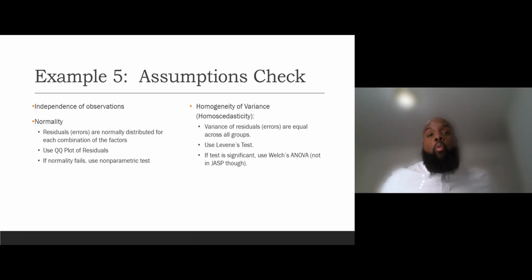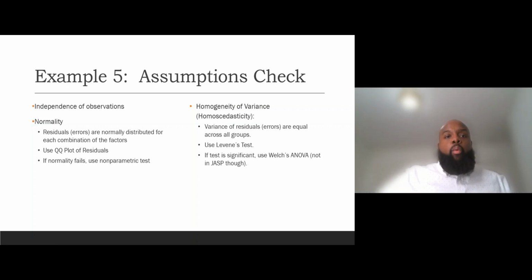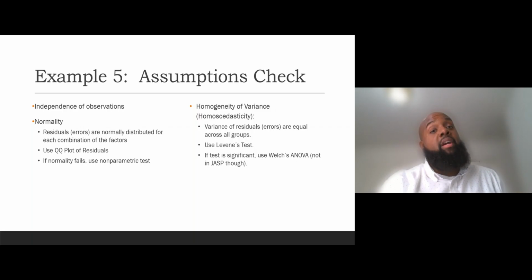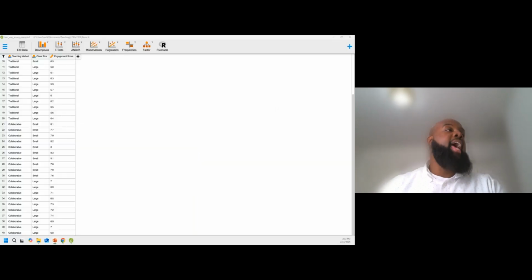Or if we do, we'll cautiously use our regular two-way ANOVA method and just make a note that our homogeneity of variance assumption was not met, and so we'll proceed with caution when interpreting those results. All right, let's go to JASP and actually run these assumption checks.